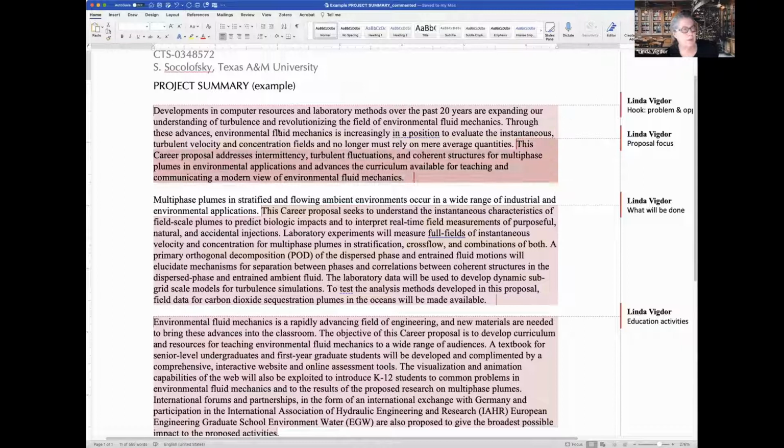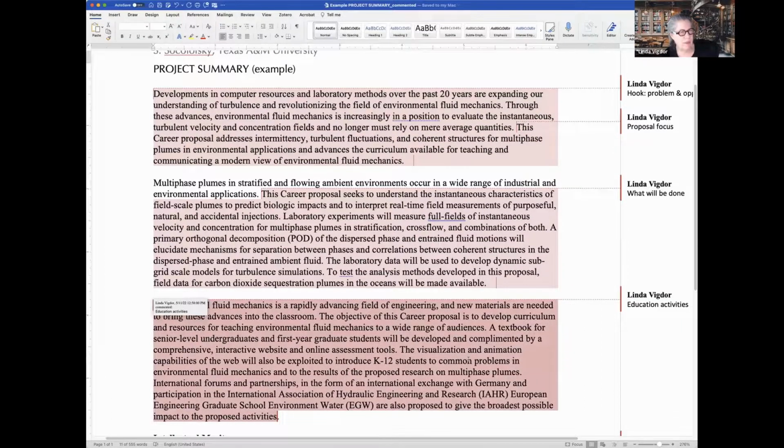So overall, this summary in general is pretty good. The 3 paragraphs may be a little bit long, but it is talking about what is the problem and opportunity here. It does tell us here in this sentence what this proposal is about, which is excellent.